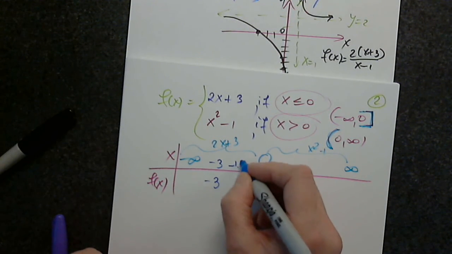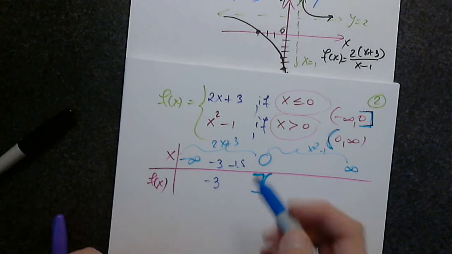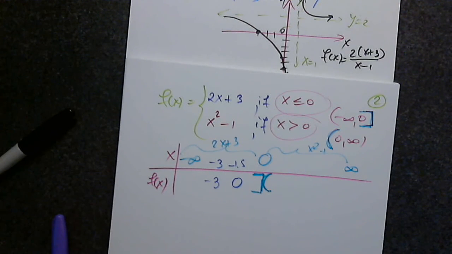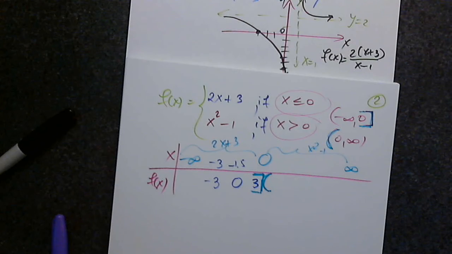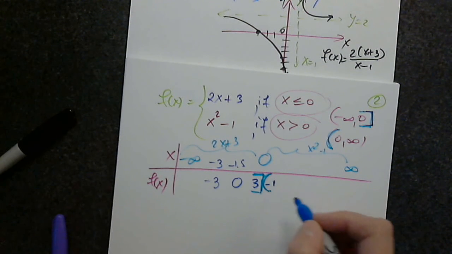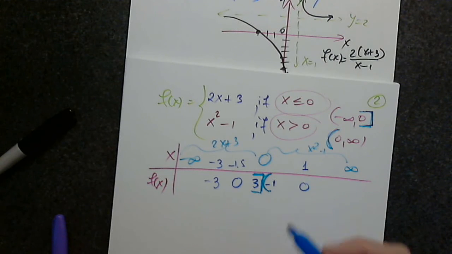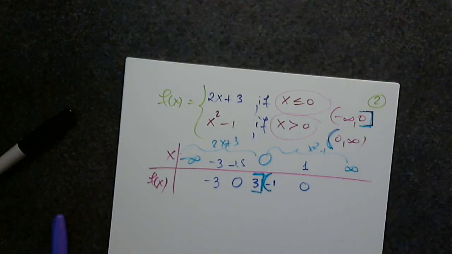But I also want to plug in negative 1.5, because that gives us 0, the x-intercept. When I plug in 0, I get 3, and that 3 has to be inside the bracket. On the other side, when I plug in 0, I get negative 1. And when I plug in 1, it is a key point because it's another x-intercept on the other side of 0. So now let's graph this.